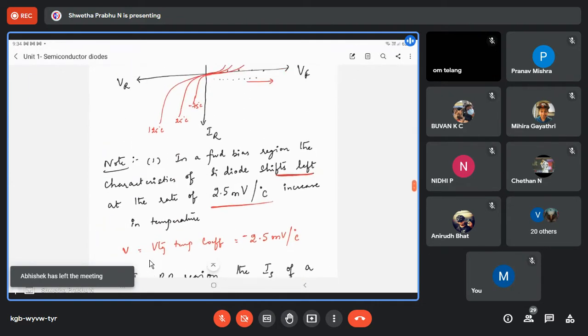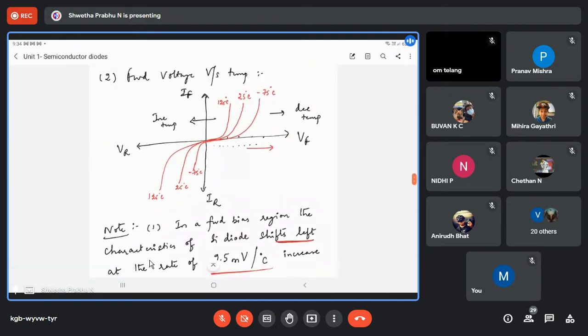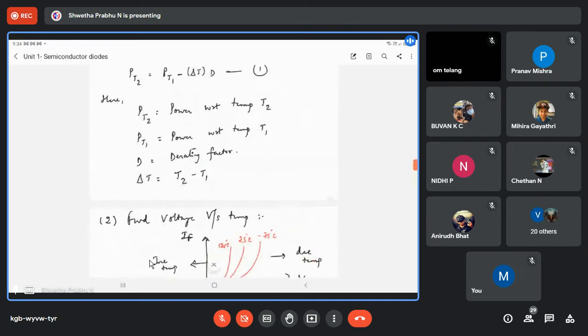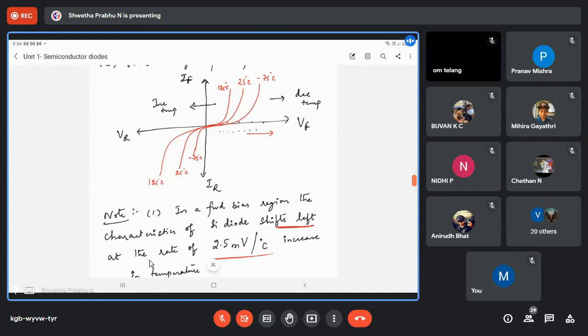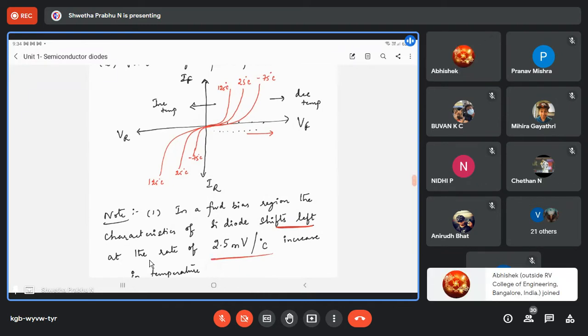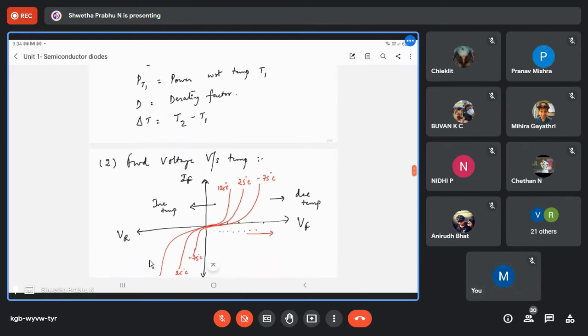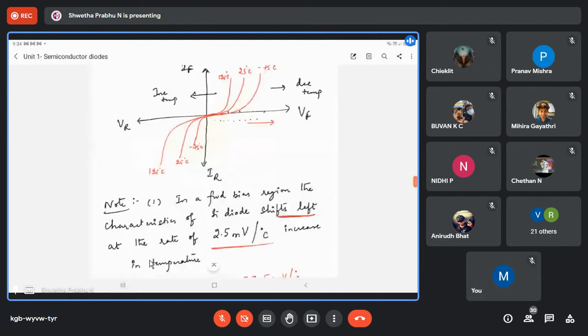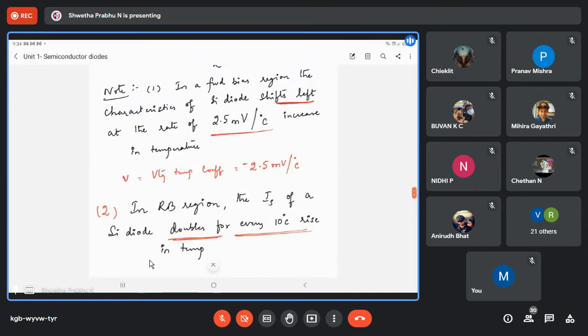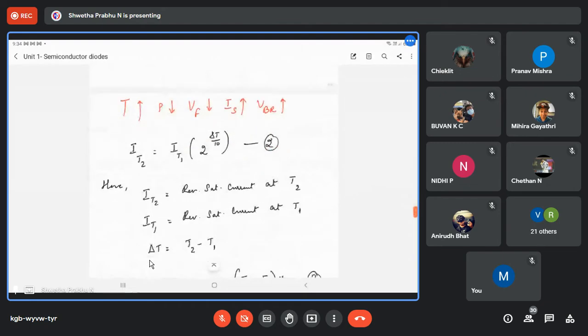Here, I have given the equations along with the VI characteristics, how the temperature varies with respect to voltage. Two points to remember: as the forward bias voltage increases, the temperature shifts left at the rate of 2.5 millivolts per degree centigrade. Coming to reverse saturation current, it doubles for every 10 degrees Celsius rise in temperature. So this is the respective equation I gave you.